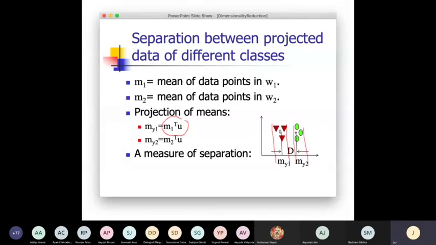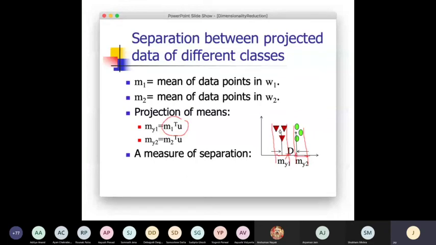In this direction, you might get projected means that are well separated. But if you consider the spread of the projected points, the standard deviation is a measure of the data dispersion of the projected points. They should also be small.